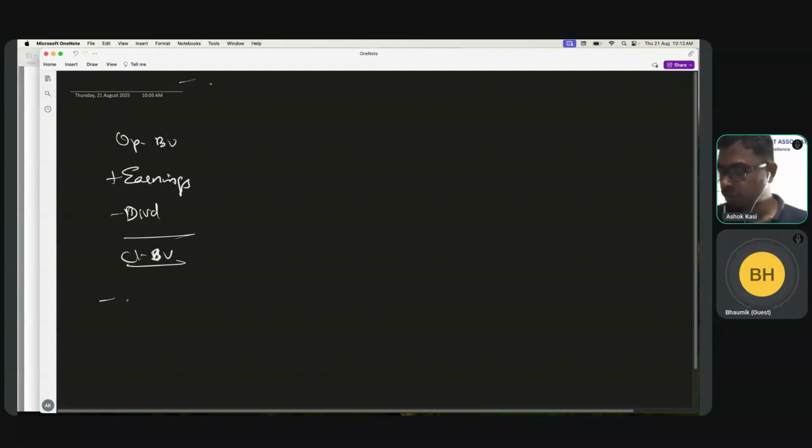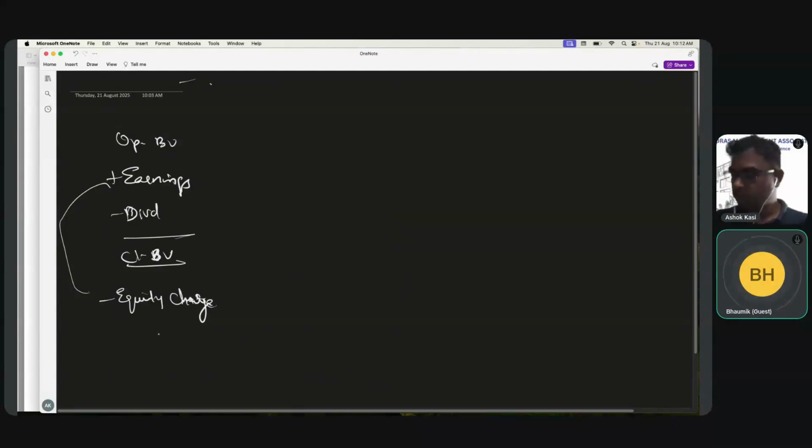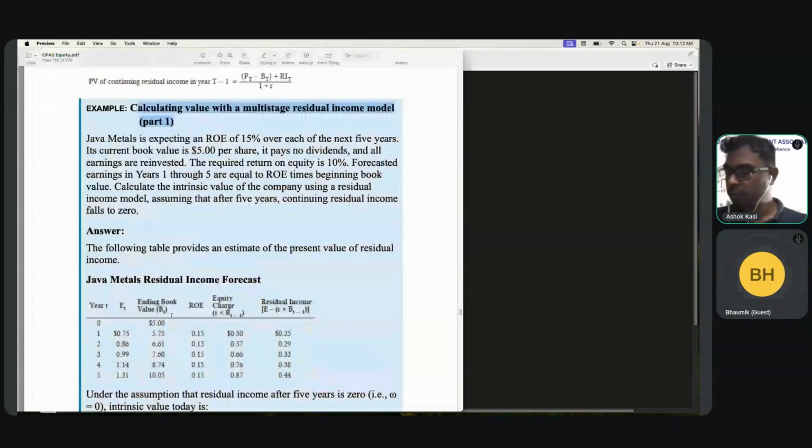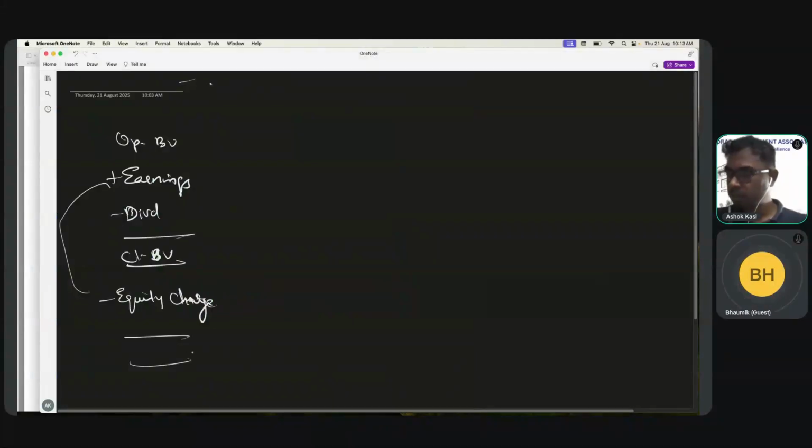Then here, earning minus equity charge is residual income.